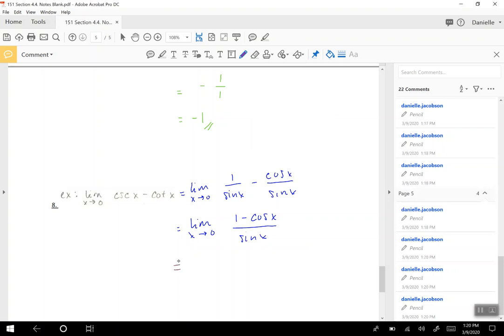So using L'Hopital's rule on this, we have the limit as x goes to 0 of, take the derivative on top, so the derivative of 1 is 0, the derivative of negative cosine is, the derivative of cosine is negative sine, so you'd have a negative times a negative, which turns into a positive sine. The derivative of sine is positive cosine.